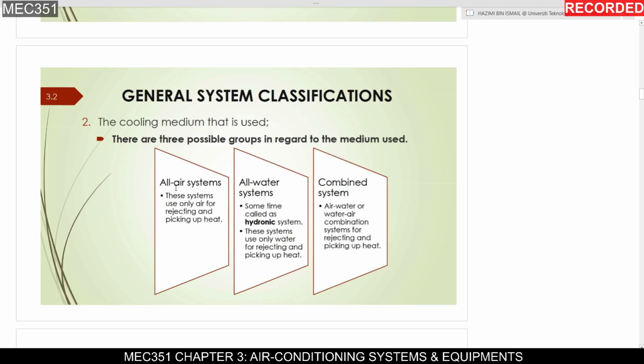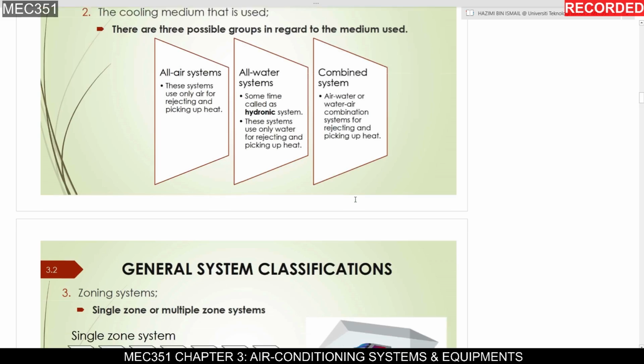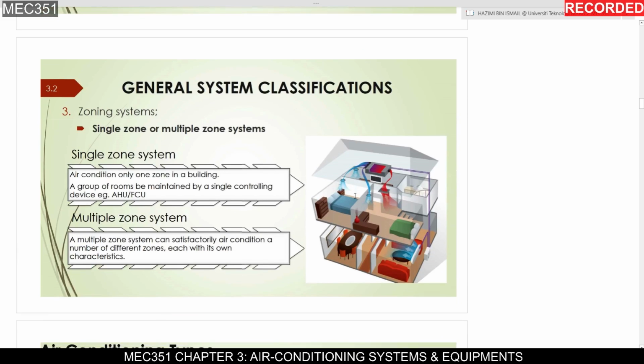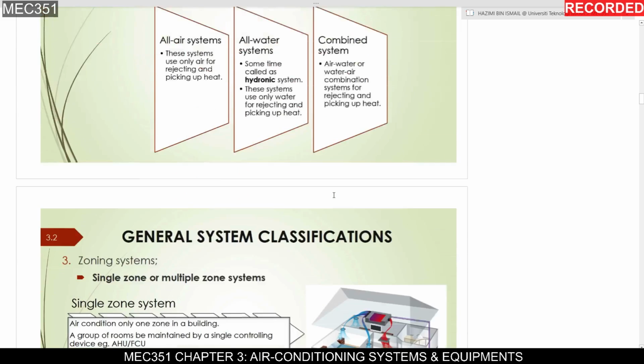The first one is if we use air to cool the condenser, then we call it an all air system. If you use water to cool down the evaporator, we call it the all water system. And finally, some systems combine both methods, so we call that a combined system. Don't worry, we are going to go into more detail about this after this.